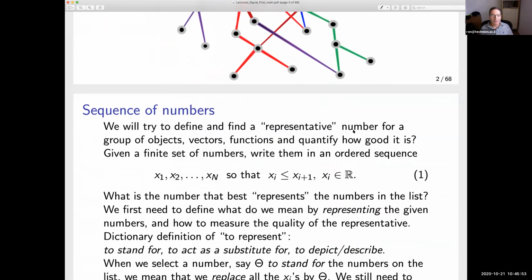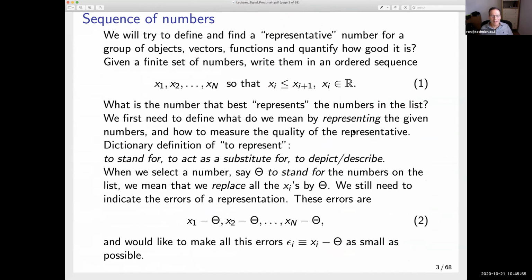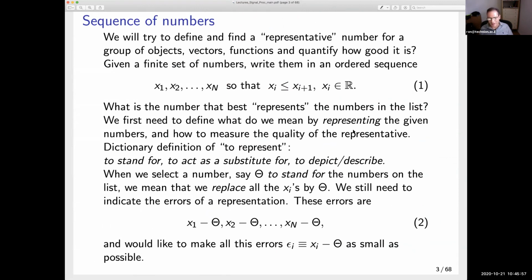Okay, so let's start from the most basic idea, and this is the idea of how to think about numbers. Assume that somebody is giving you a set of numbers. I can represent them as xi, where i goes from 1 to n.